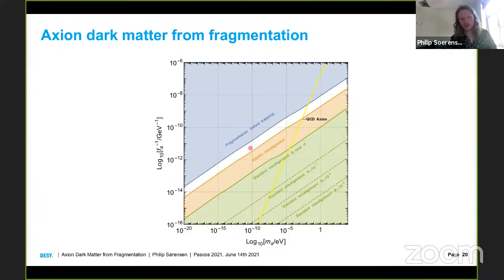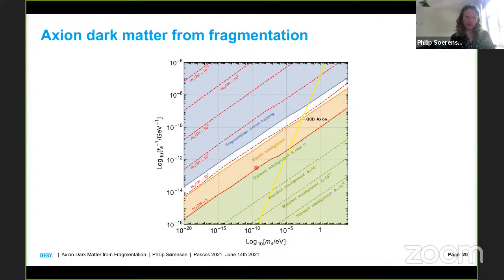Below this, you would expect to have kinetic misalignment, but it's also interesting that even in the regime where the field is trapped, you can still have resonant amplification of fluctuations. And what is really suppressing this in kinetic misalignment is Hubble friction. But as you delay the onset of oscillations more and more, Hubble becomes smaller compared to m_a, and this protection really is weakened.